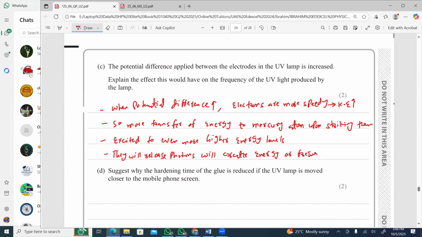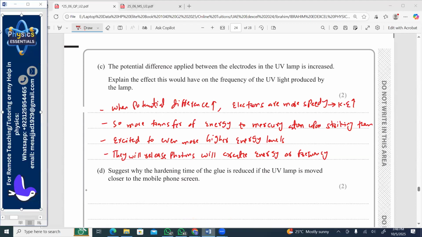So that is the impact of raising the potential difference of the glass tube. Giving more voltage means electrons accelerate more and have more kinetic energy, and when they strike the mercury atoms, the atoms are excited to higher energy levels. When they de-excite to lower energy levels, they release photons of greater energy.